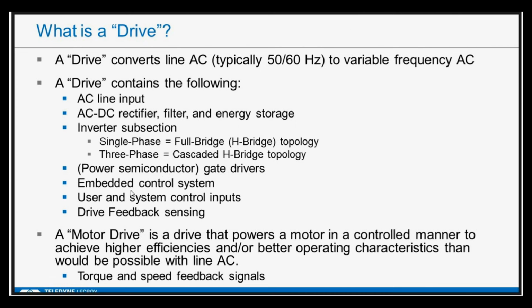And then there's an embedded control system with some sort of user interface and feedback sensing. A motor drive is just a drive that powers a motor in a controlled manner, and usually to achieve very high efficiencies or very, very defined operating characteristics, more defined than would be possible with a straight line AC signal. So these also have usually torque and speed feedback signals as well.